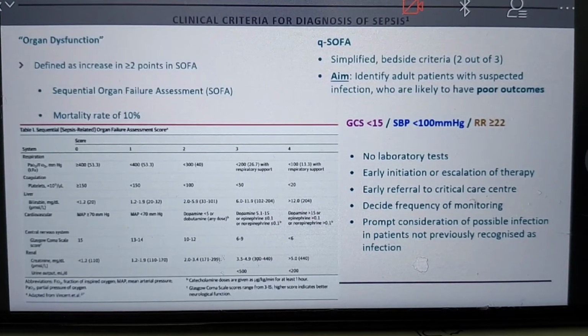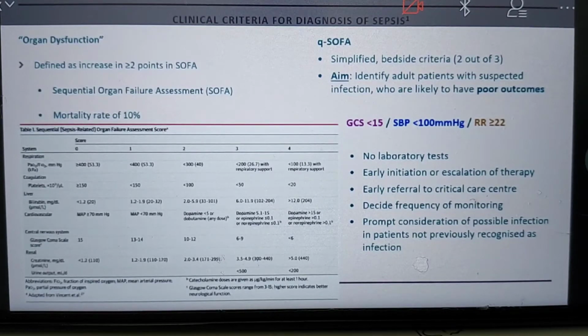The next one is A. A is altered mental status, where the GCS is less than 15. The next one is T, where the patient has tachypnea, where the respiratory rate is 22 breaths per minute or more. So what is the advantage of using the Q-SOFA at the bedside?